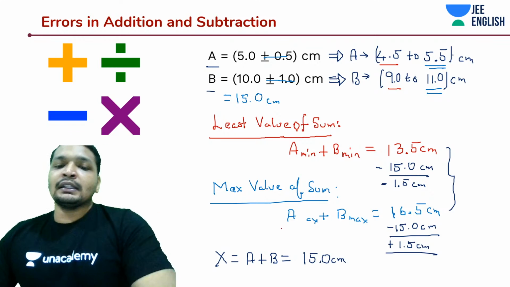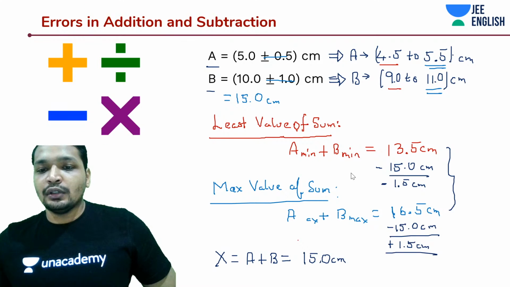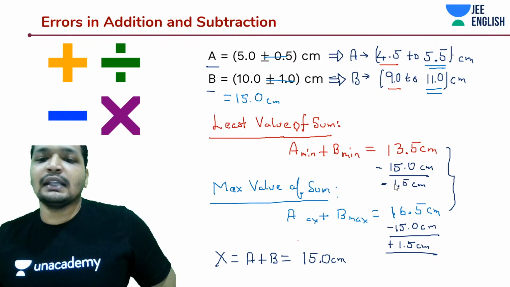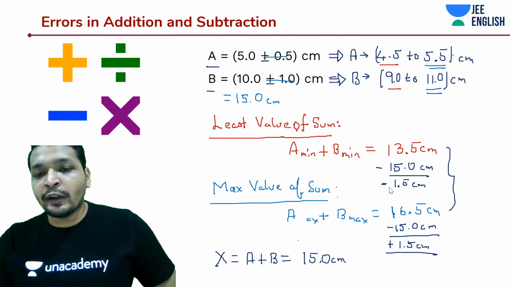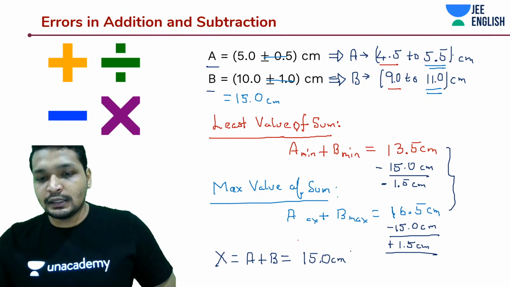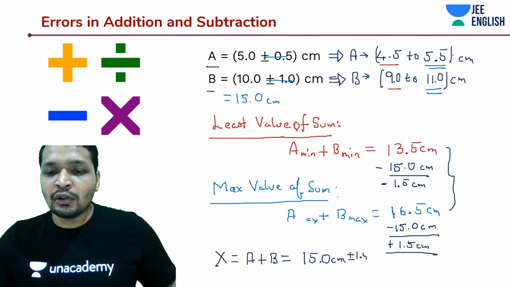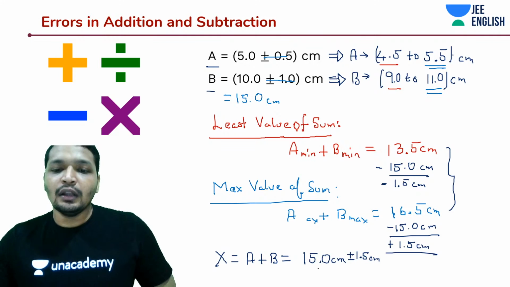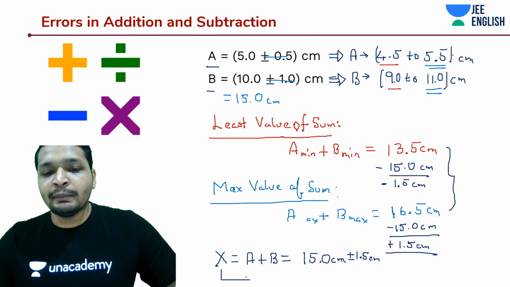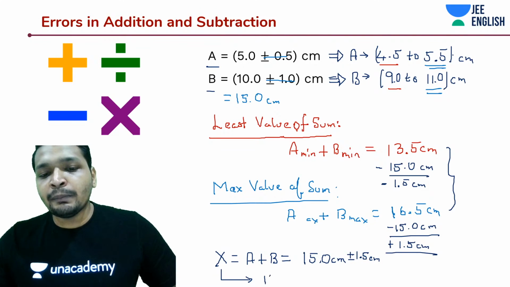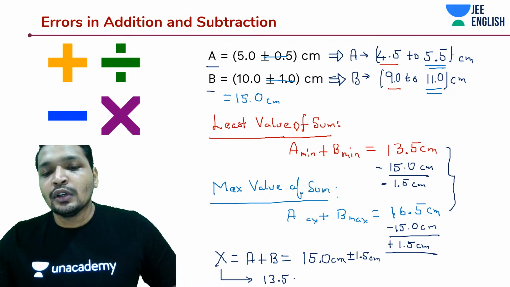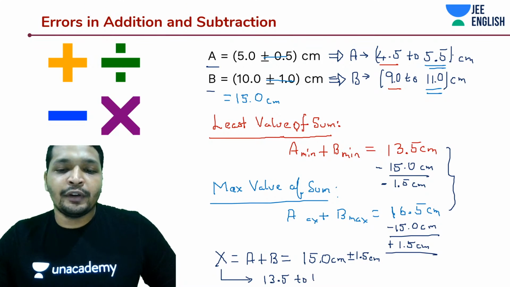So when I'm writing this, I know the max error is 1.5, but plus or minus. So my sum's value says the same thing. My x should lie between 13.5 to 16.5.